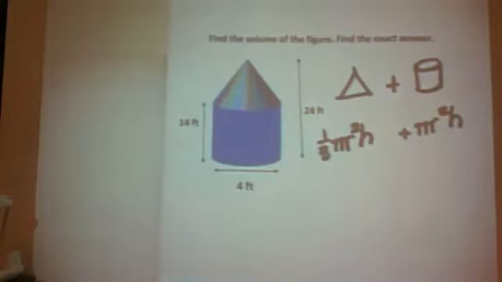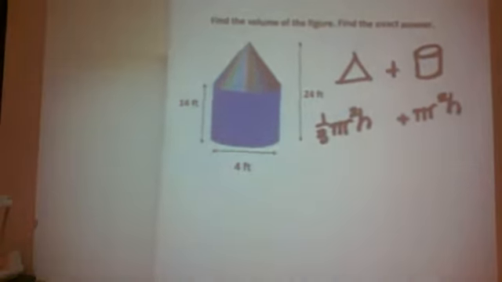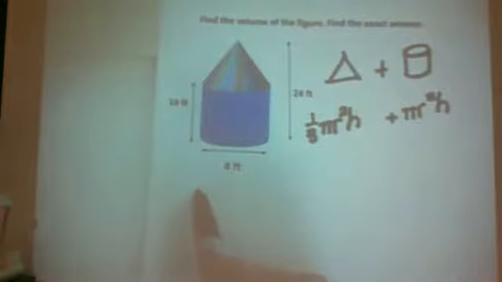So we're going to be needing a radius and a height for both of those shapes. So the radius, Jamie, can you tell me what the radius would be then? Half the diameter. Half of the diameter. So the diameter is 4. So the radius is 2 feet.